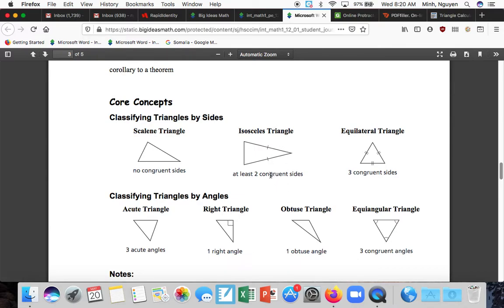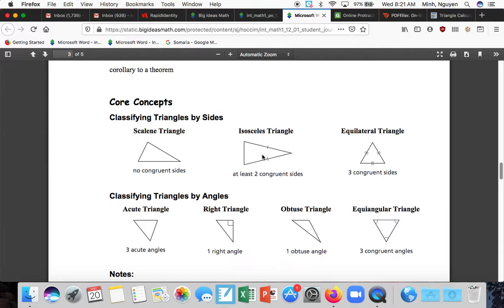An isosceles triangle has at least two congruent sides, so it has these marks right here. Since they have the same number of hash marks, like one here and one here, that means they're the same. And also, it's not in the picture, but I'm telling you that when sides of a triangle are congruent, the opposite angles are also congruent.